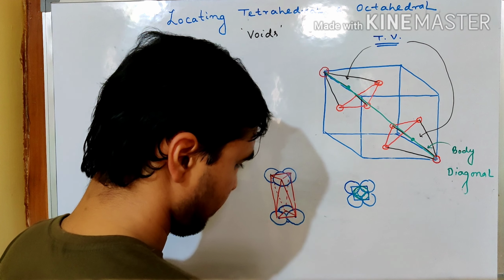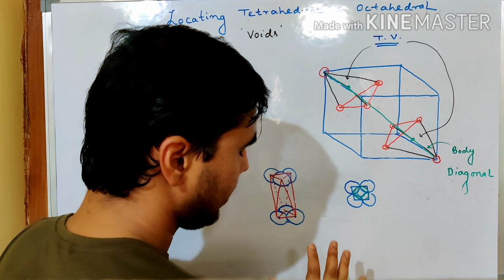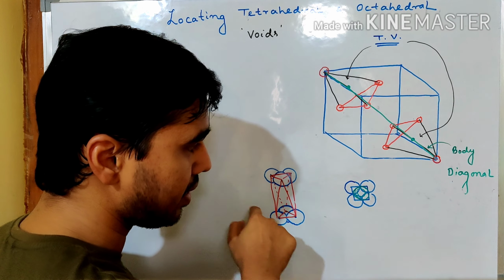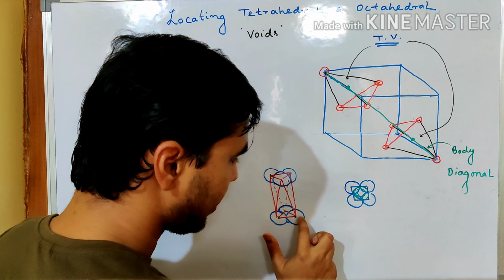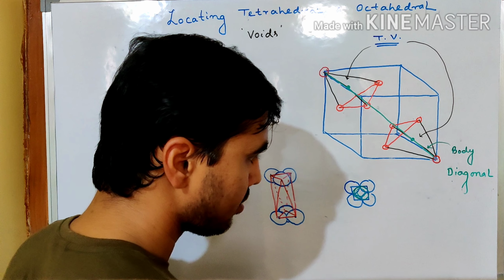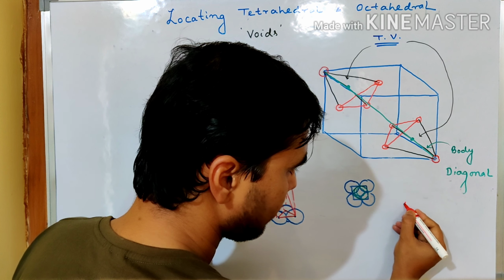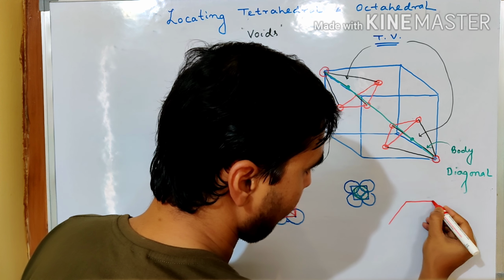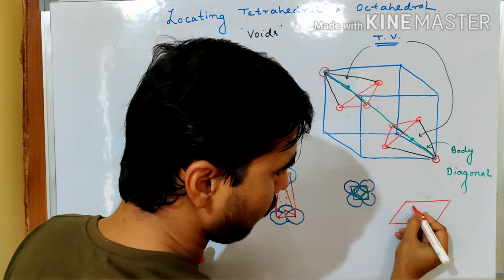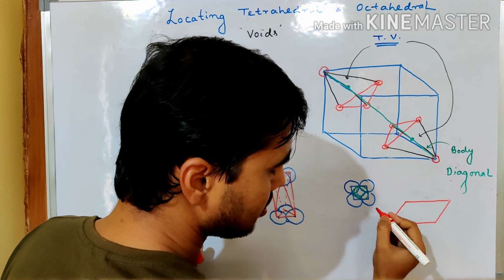So in order to draw this red line separately, we have understood that 1, 2, 3, 4, these will form the square planar structure like that. There will be 4 atoms onto these corners.